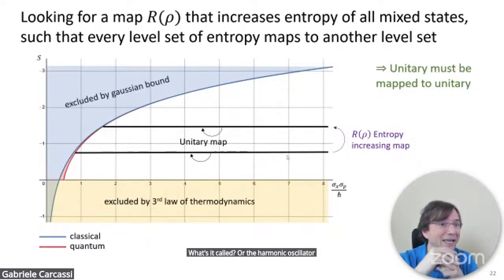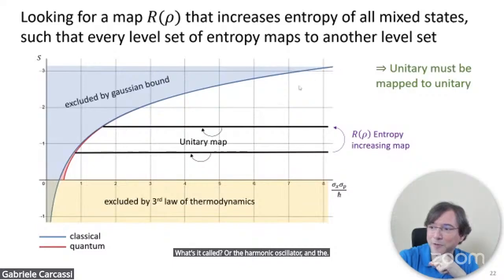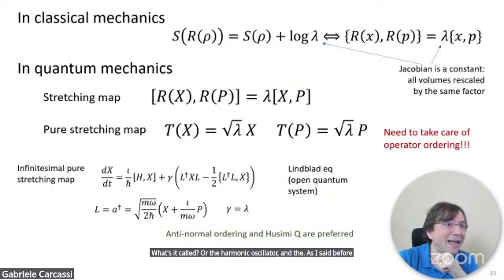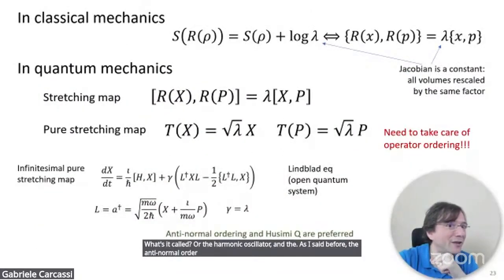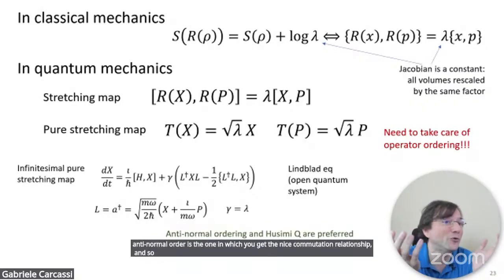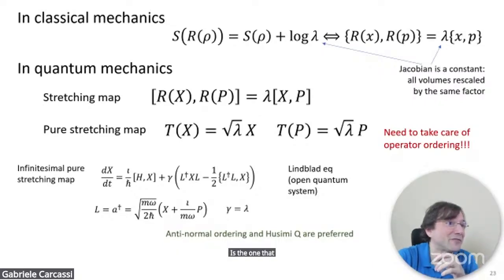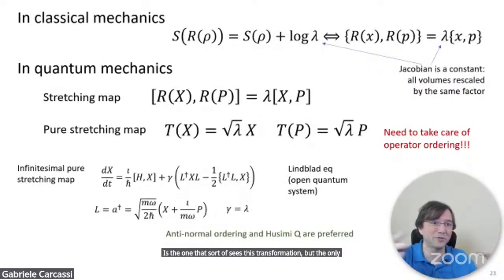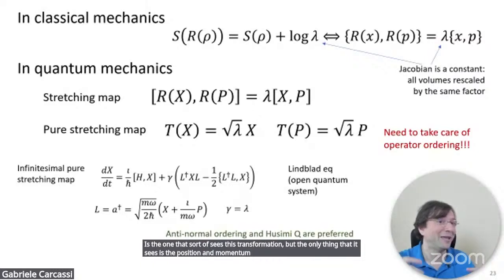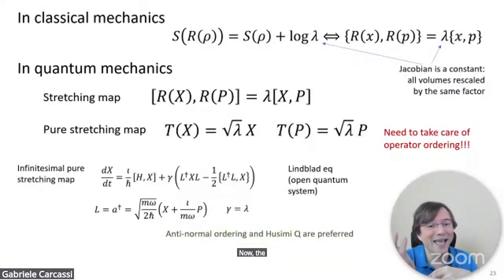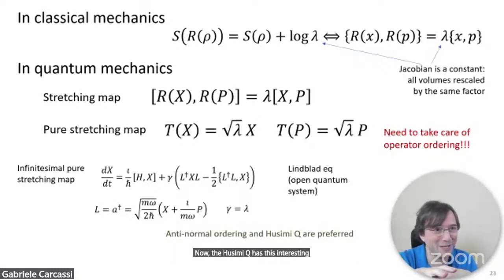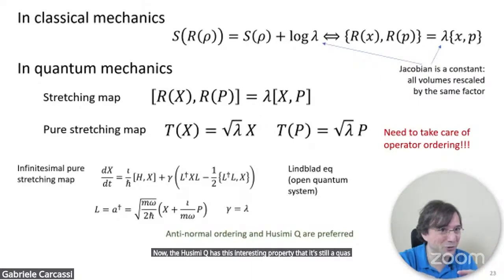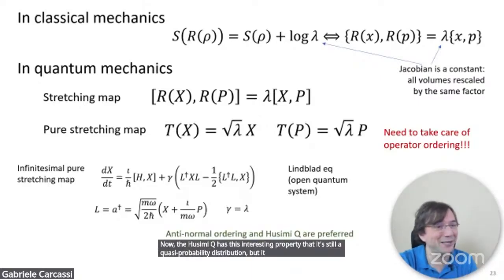And as I said before, the anti-normal order is the one in which you get the nice commutation relationship. And so the Husimi Q is the one that sort of sees this transformation. But the only thing that it sees is the position and momentum get stretched. Now, the Husimi Q has this interesting property that it's still a quasi-probability distribution, but it's non-negative.